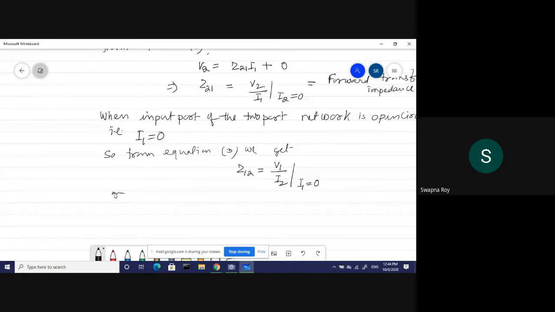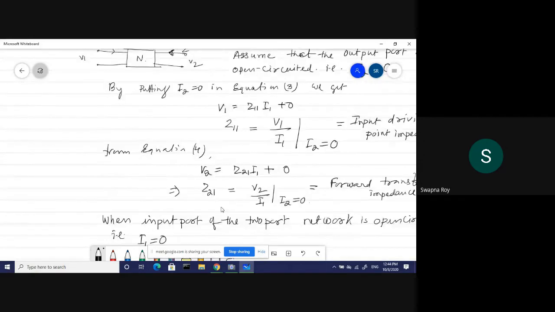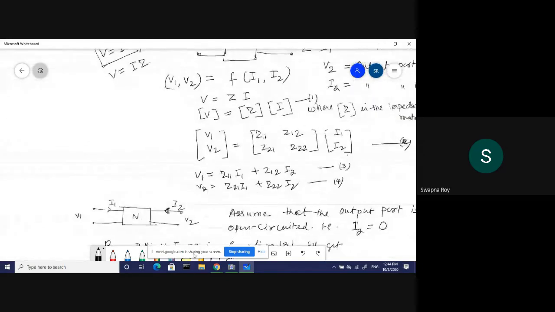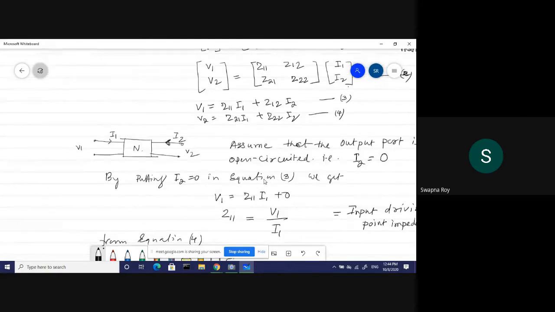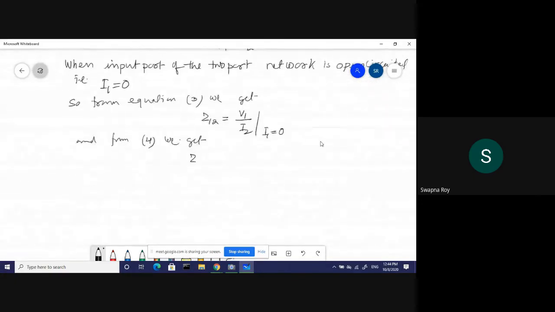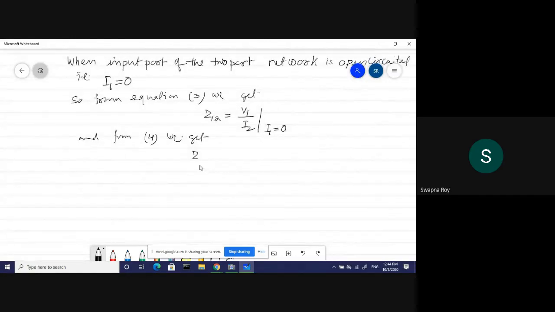And from equation 4, we get Z22. Since I1 is equal to 0, Z22 is equal to V2 by I2 when I1 is equal to 0.